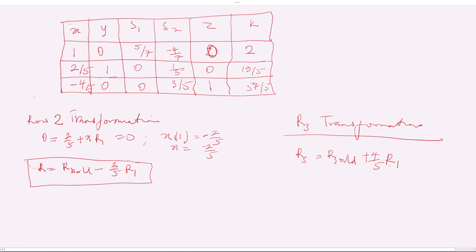Because if you follow the same footsteps here, we have minus here, plus x times 1, x minus this, then this minus goes to the side and it becomes plus 4 over 5 r1. So this is the transformation for row 3.